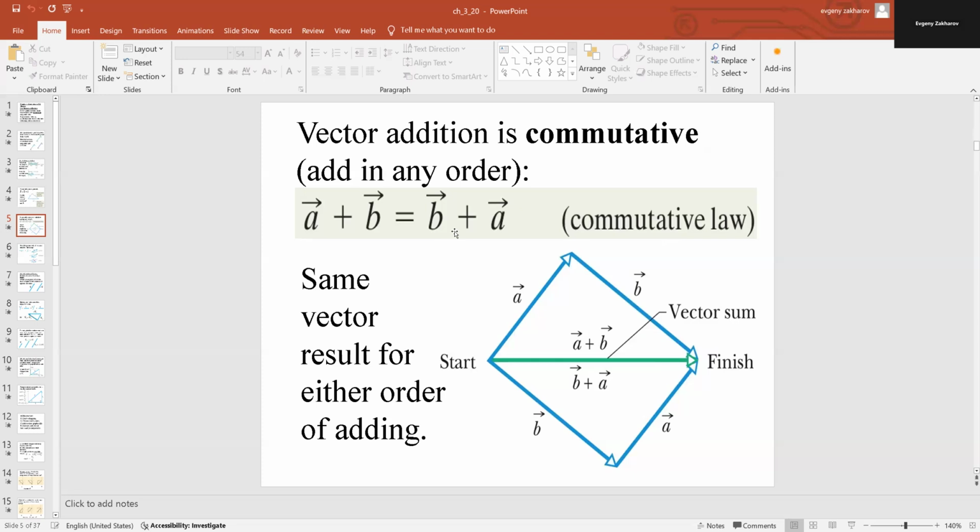Be careful, you cannot do that for subtraction, because A minus B is not the same as B minus A. 3 plus 5 is the same as 5 plus 3, right? But 5 minus 3 is not the same as 3 minus 5. 5 minus 3 is 2, and 3 minus 5 is negative 2. So be careful with the commutative law. It is only good for vector addition, not subtraction.